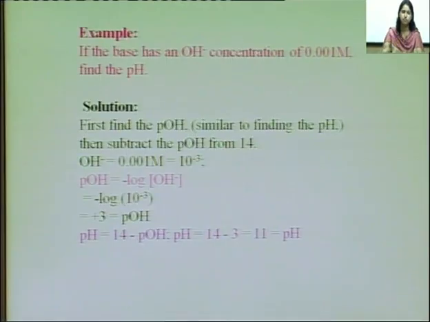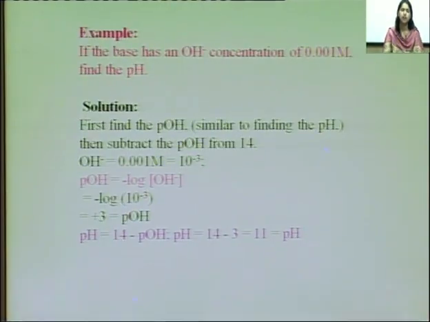Now we have to find out pH. I have already derived this relationship that pH plus pOH is equal to 14. So we can apply this formula, that is we have got pOH is 3. So pH plus pOH is equal to 14. So subtract the pOH from 14, then we will get the value of pH, that is equal to 11.